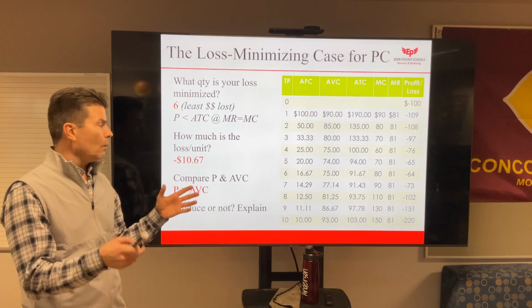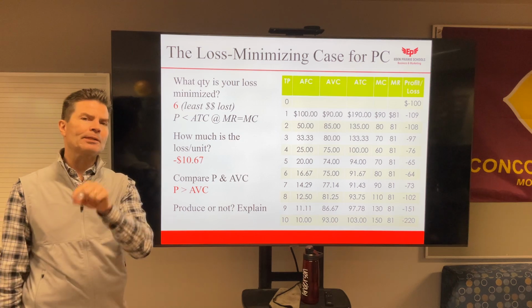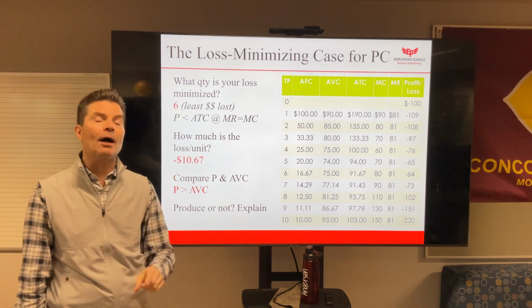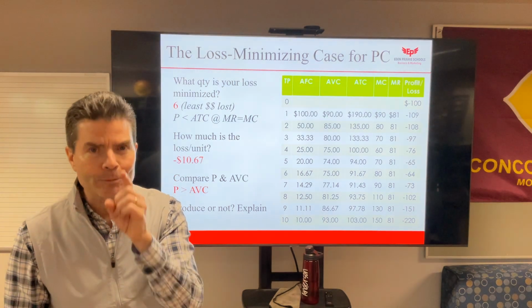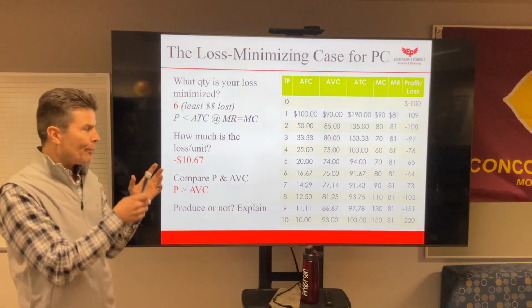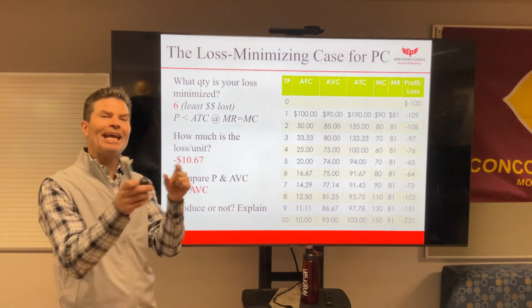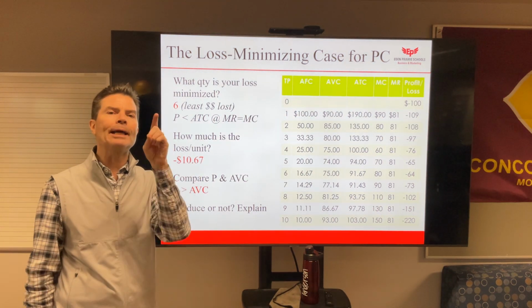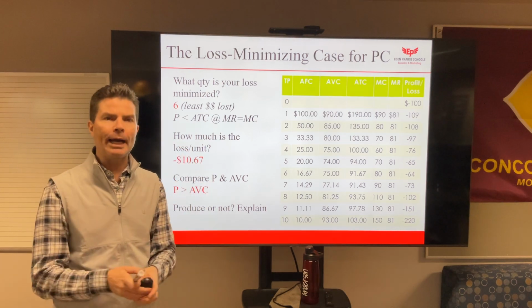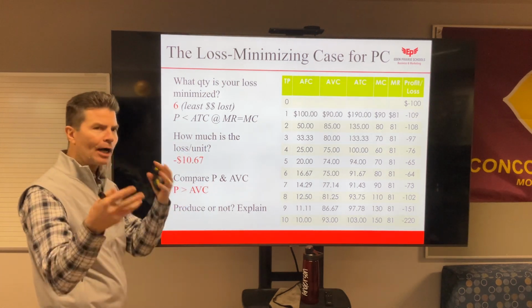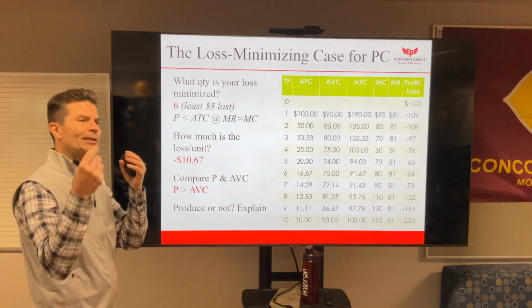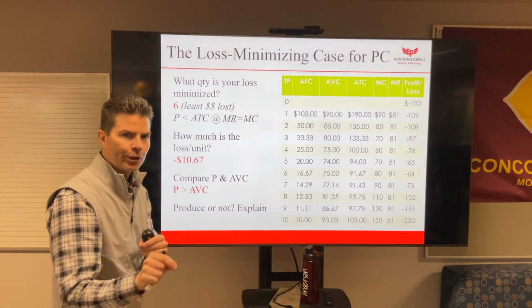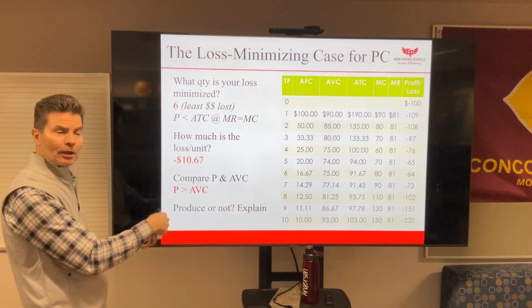Once you figure out that your price is more than the average variable cost at the optimal quantity, that tells you that you should produce. Here's why. I'm going to talk this through, so hopefully you can jot it down in your notes and understand why I'm going to produce.